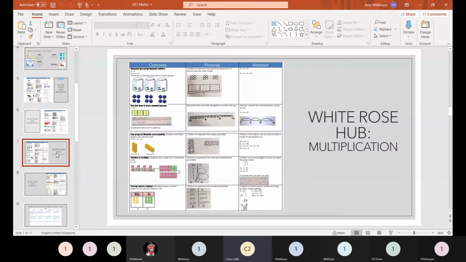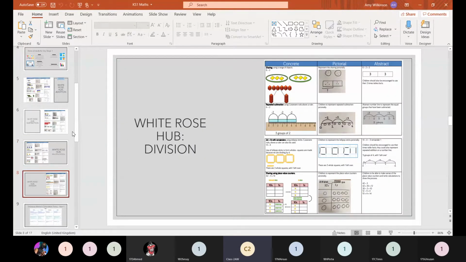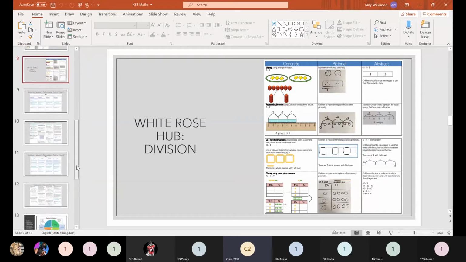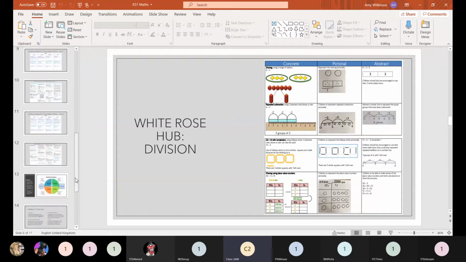So when the children are multiplying, they should still be using concrete resources to support their learning, pictorial representations, and then it should be represented in an abstract way for them. And the final one is division, which is exactly the same, okay? It's still really, really important for children to be using those different ways to develop their learning and their understanding.